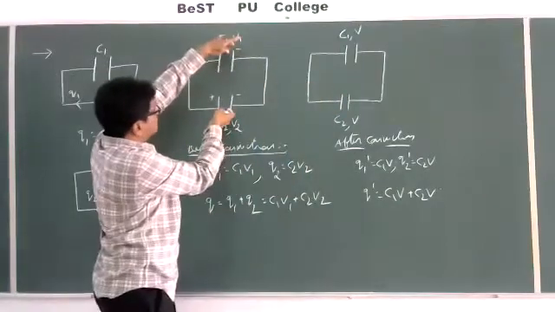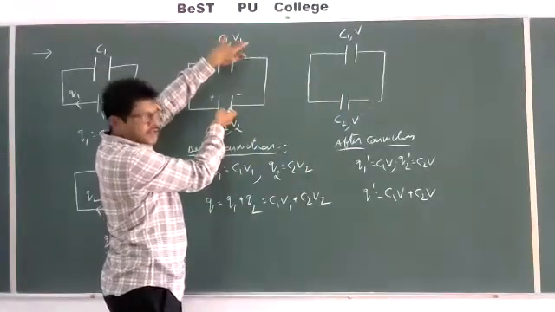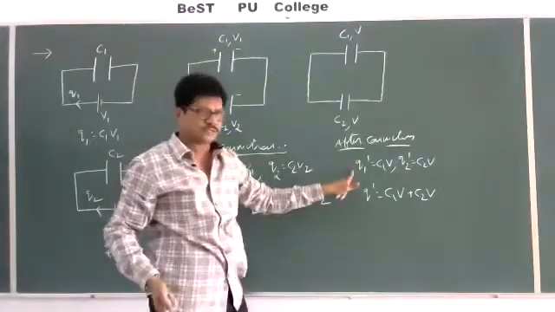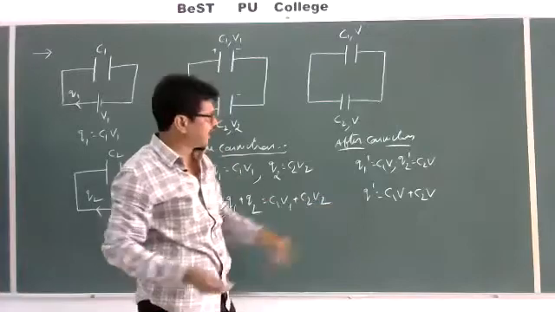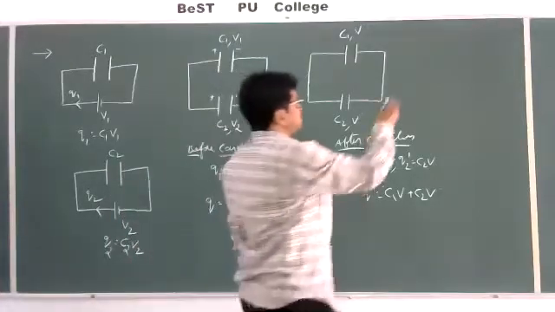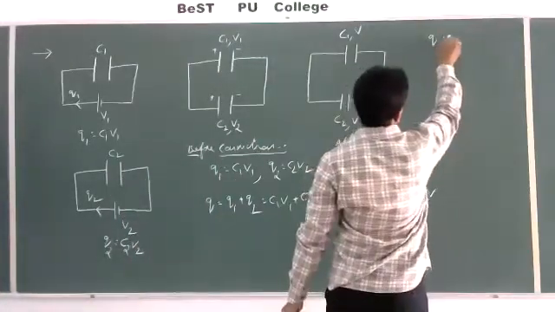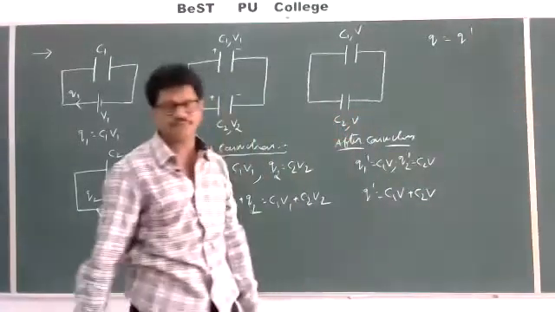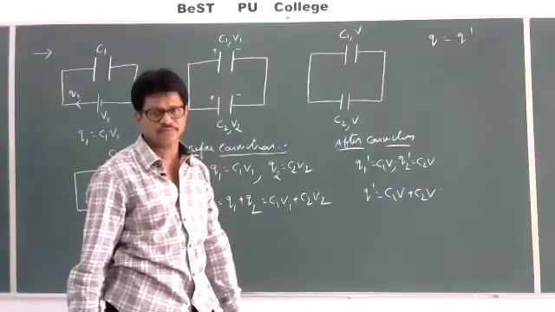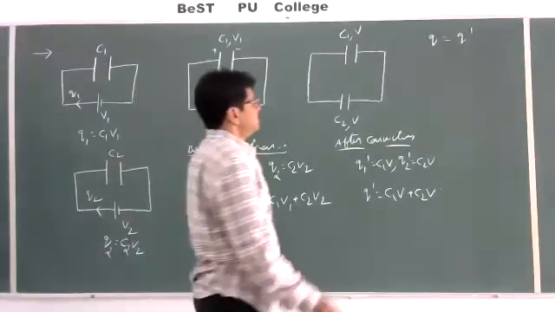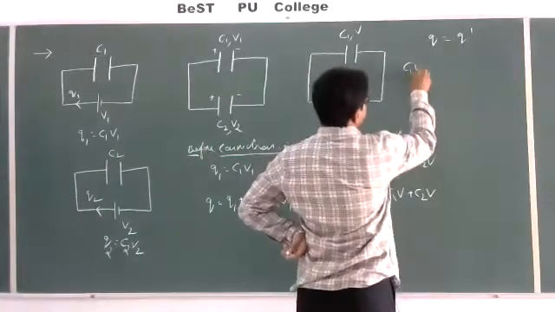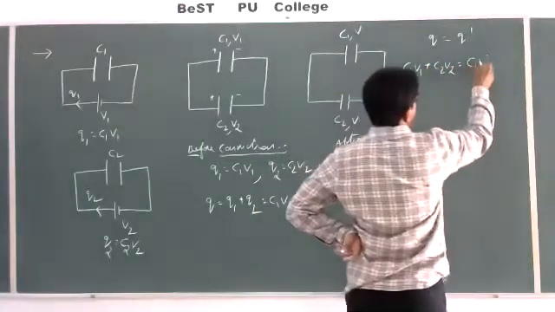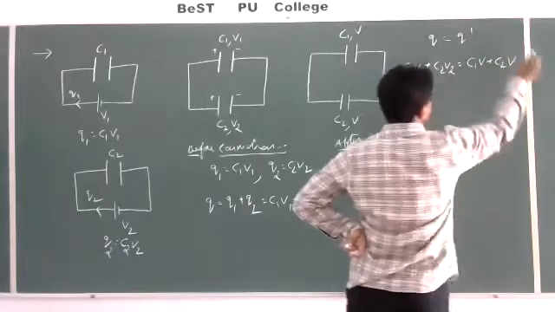Whatever the total charge is there in a system before connection, the same charge is redistributing like this. So I can write now, total charge before connection is equal to total charge after connection. Now from there, C1V1 plus C2V2 is equal to C1V plus C2V.